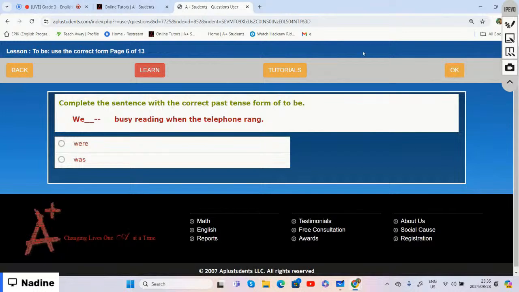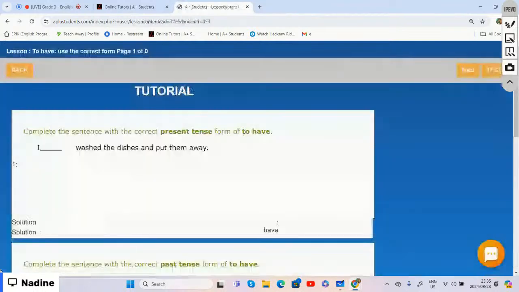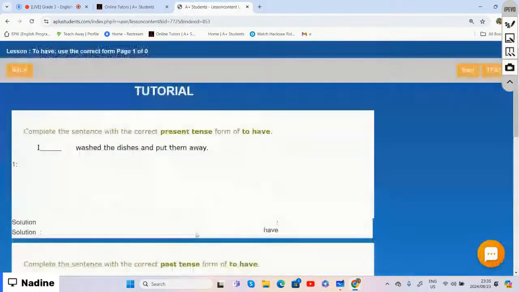And now if we go to the next one, right? To use the correct form of to have. And when it comes to the verb to have, it means that we are going to use words like have, or we're going to use words like has in the present tense.